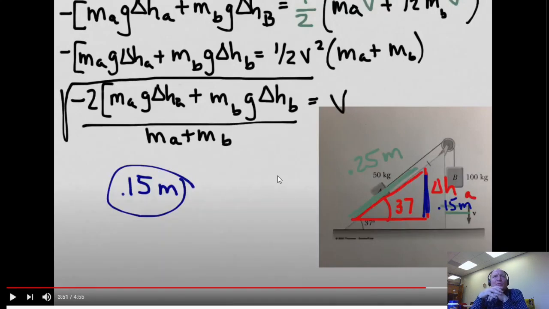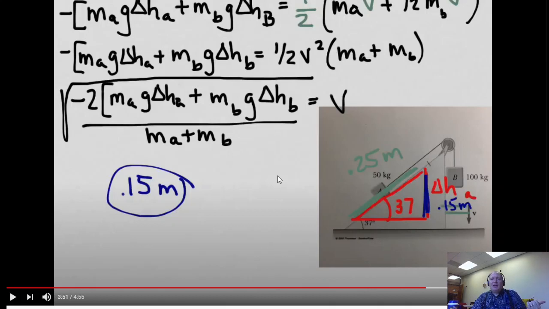Oh, we don't care about joules. Who cares about that? We want to know how fast I'm going to be going. So if I fall 0.25 meters, it's maybe a quarter of a second, half a second. It's going to be slower than that, though, because this 50 kilogram thing is dragging me back.